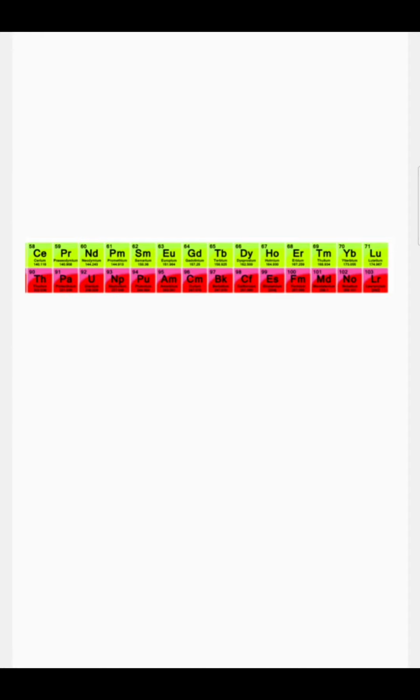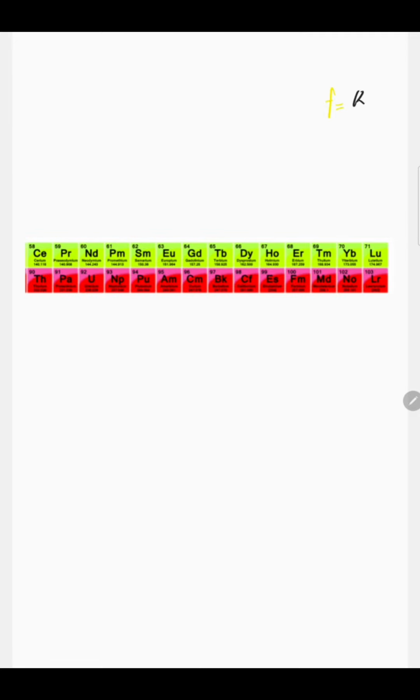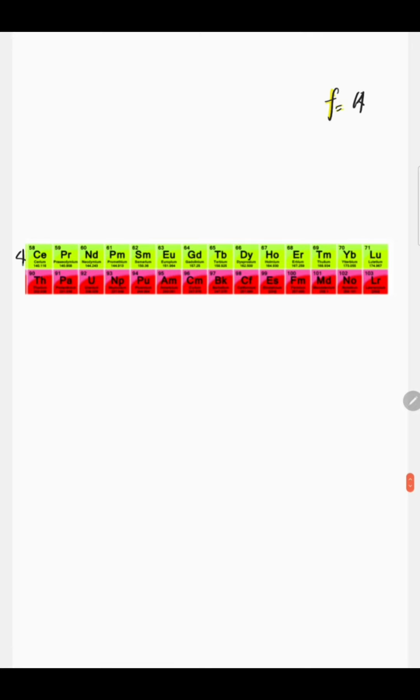We also have the F sub-level. F, as we said earlier, has 14 valence electrons. And there are only two primary levels: we have the 4F and then the 5F.